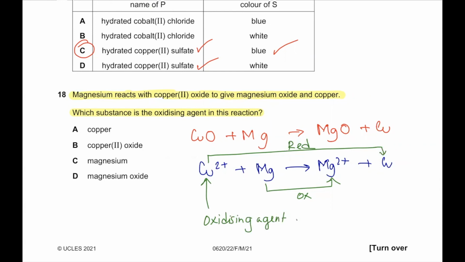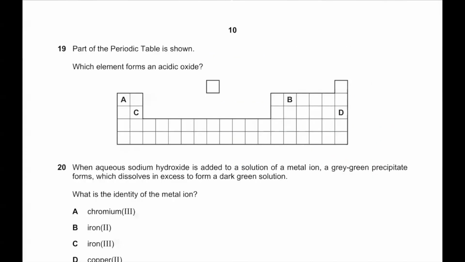We know that anything that is reduced is an oxidizing agent. It says which substance is the oxidizing agent in the reaction. Definitely we can see the Cu2+ ion, so definitely copper oxide. B will be the correct answer. Question number 18, B.